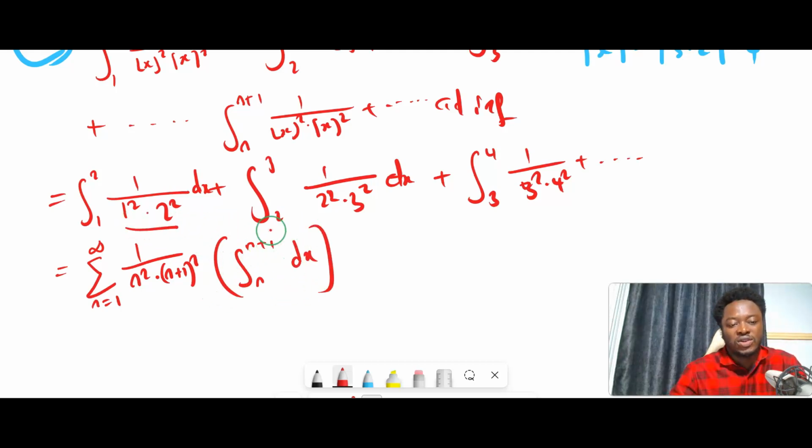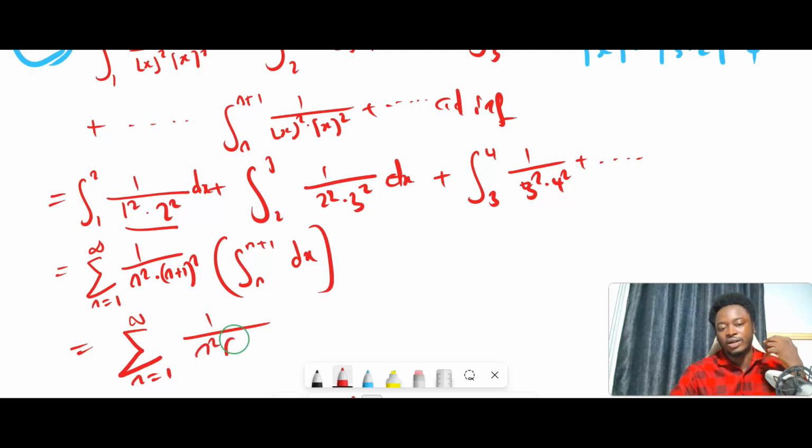Because these are constants, we can push them out of the integral sign. If you evaluate this integral, you obviously get 1. So it remains for us to evaluate the sum as n runs from 1 to infinity of 1 over n squared times n plus 1 squared.